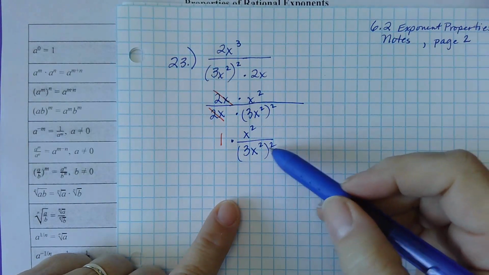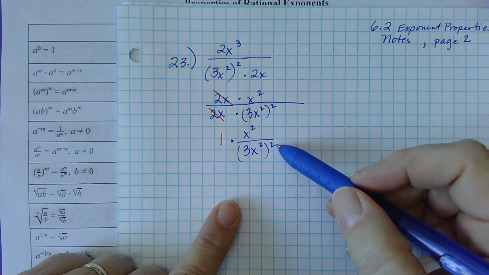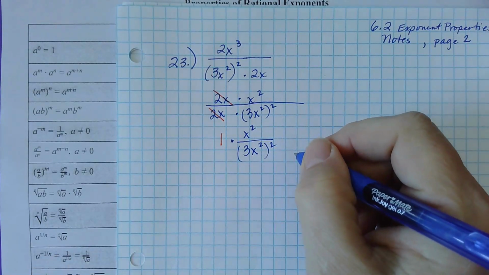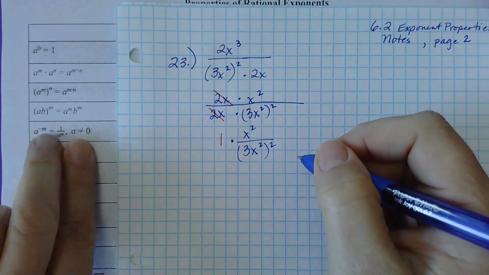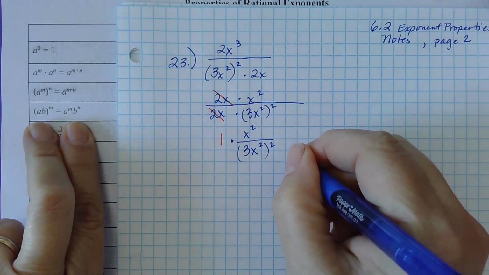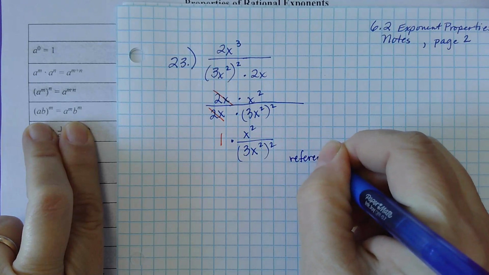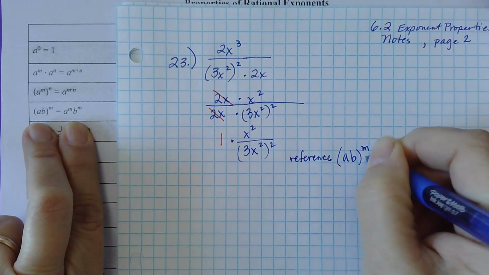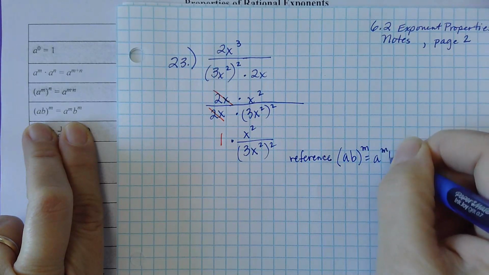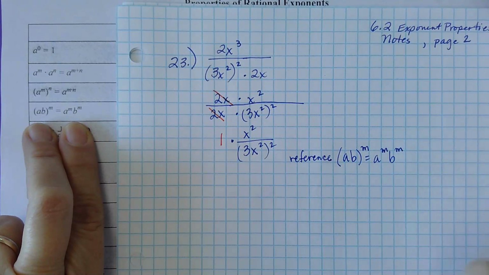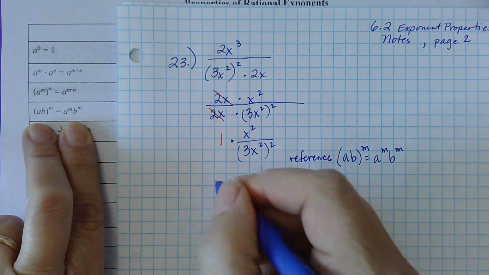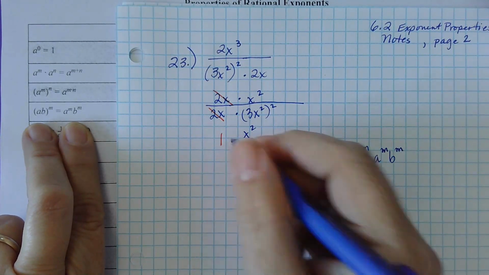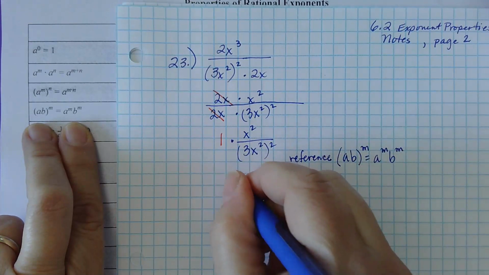Let's look at this. I have two things multiplied together and both raised to the same exponent. So my reference is this property here. So I'm going to rewrite this denominator. I'm not writing the 1 again. I have x squared in the numerator.